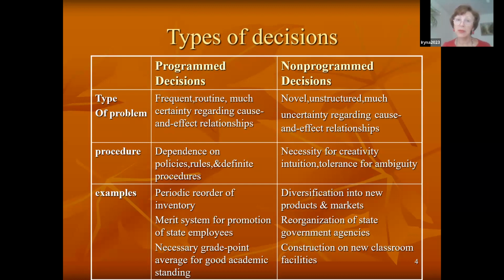Even if the company took this decision before, even if it did a number of times before, still every time it's a non-programmed decision because markets are different. Situation is changing. You do not know all the specifics. So this cannot be a programmed decision.